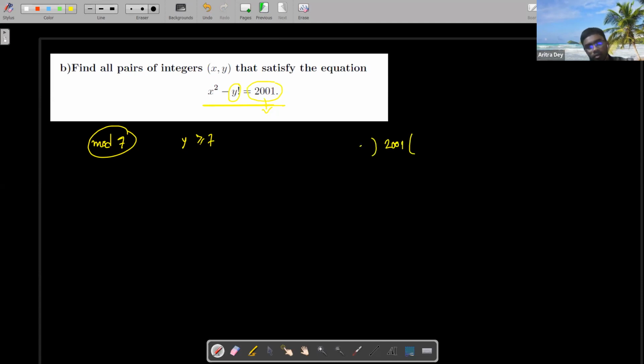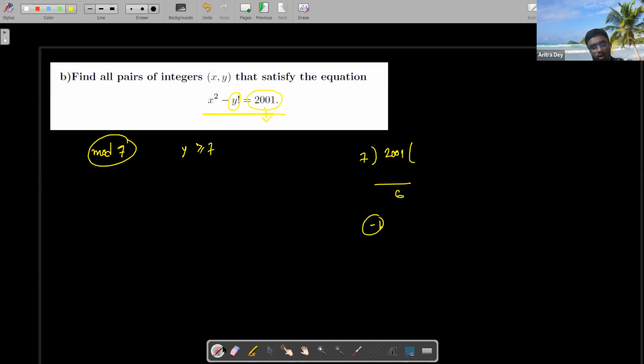If you divide 2001 by 7, what will the remainder be? It is 6, which in the negative remainder term is -1.